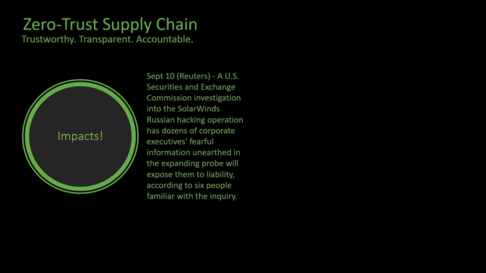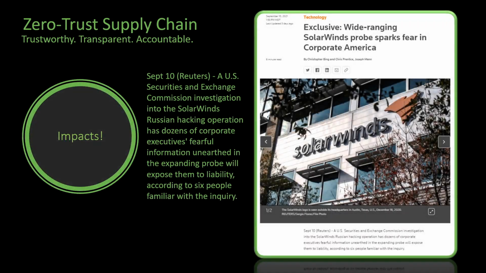So the impact of this in supply chain specifically is huge. And so you can see here the Securities and Exchange Commission is investigating the SolarWinds Russia hacking operation, yada, yada, yada. But they're reaching out and they're trying to talk to executives to get more information around it. And they believe that unearthing and expanding the probe may expose them to some level of liability.